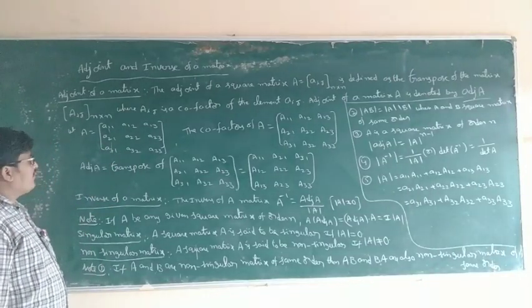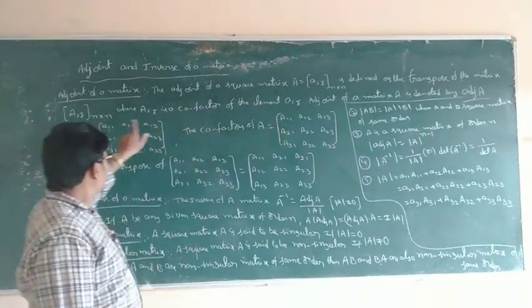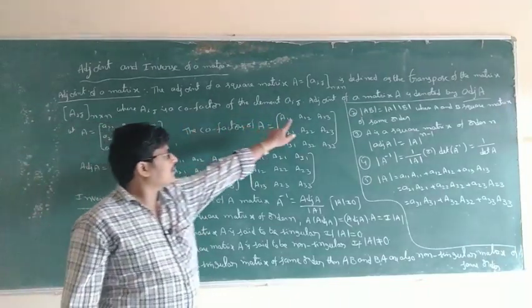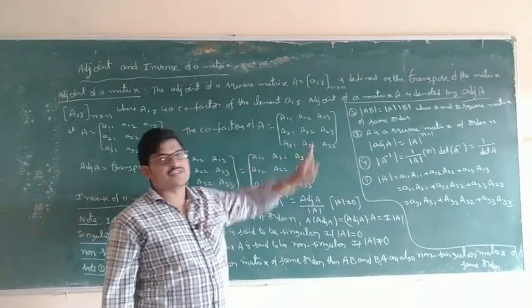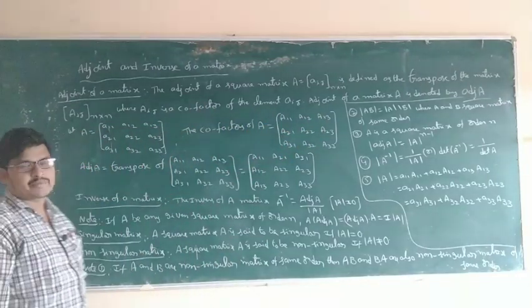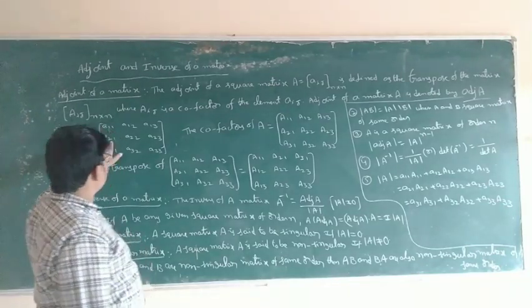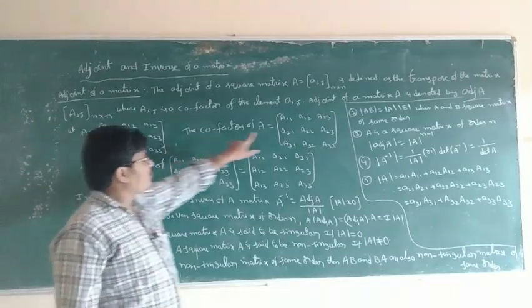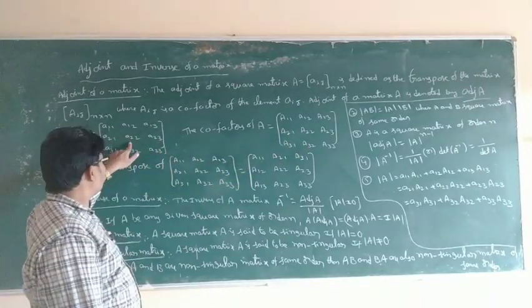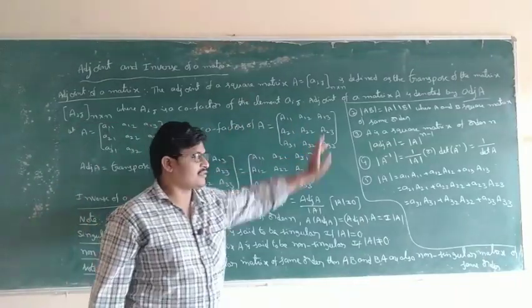Small a11 cofactor is capital A11, a12 cofactor is capital A12, a13 cofactor is capital A13, a21 cofactor is capital A21, a22 cofactor is capital A22. Each element's cofactor.